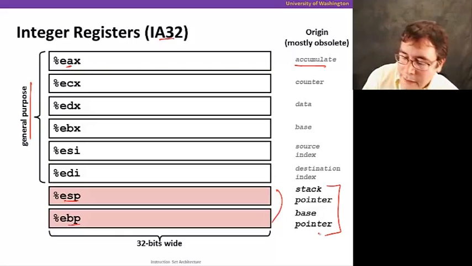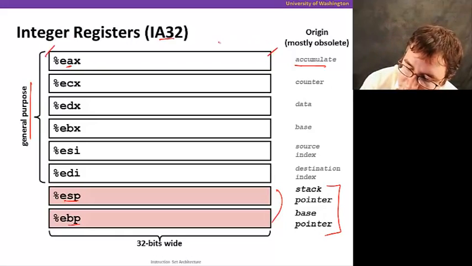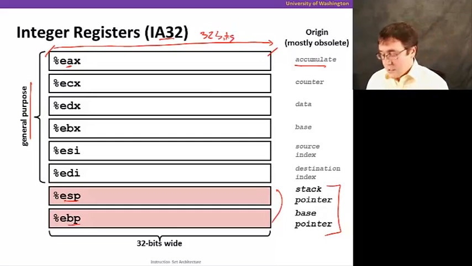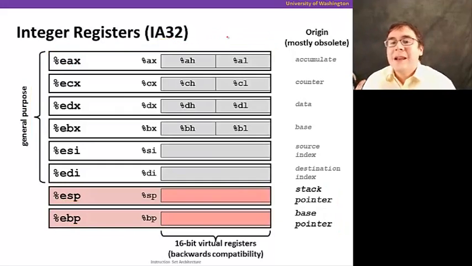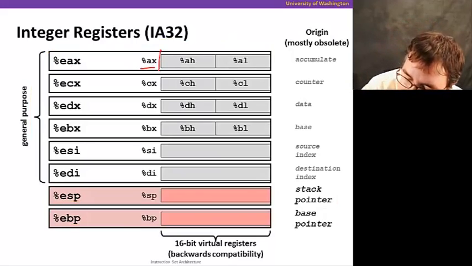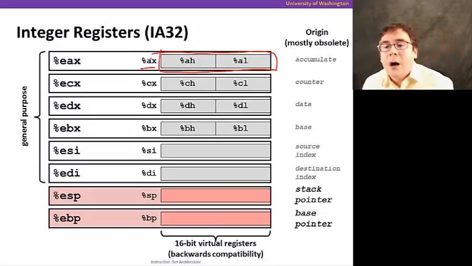Now, in IA32, these registers are 4 bytes wide, 32 bits wide. But that doesn't mean it can only access all 4 bytes at a time. There are aliases to the register. If you use just %AX, you're referring only to this part of your EAX register.